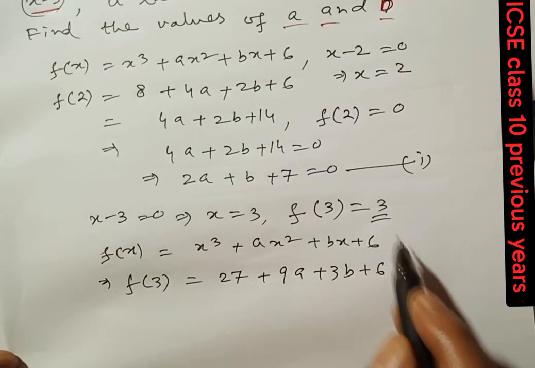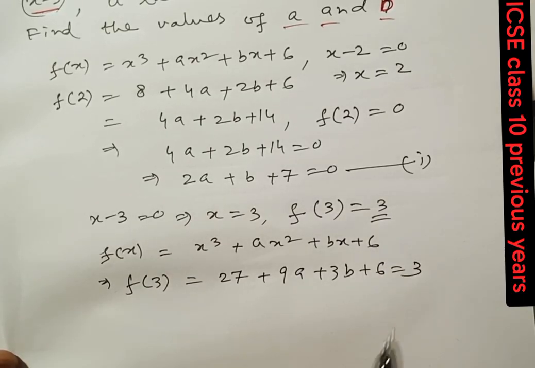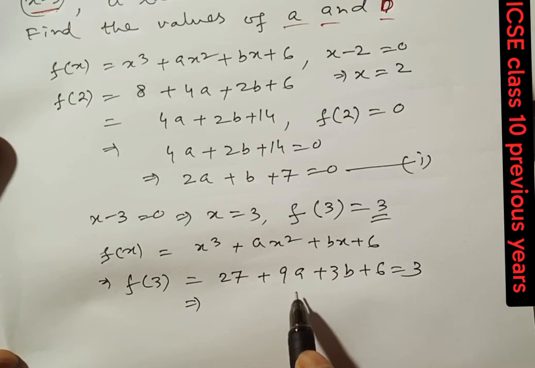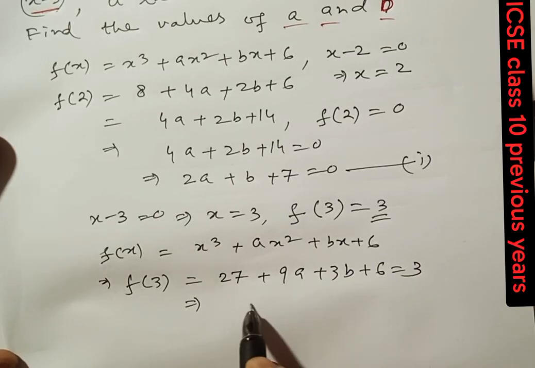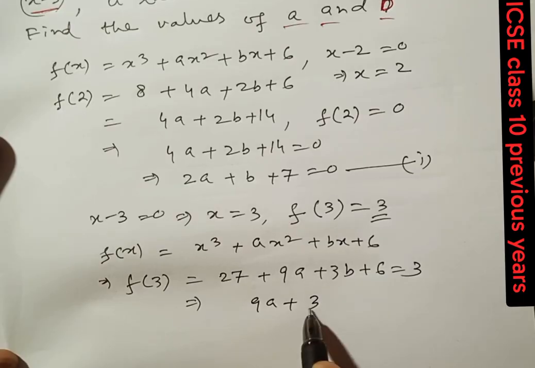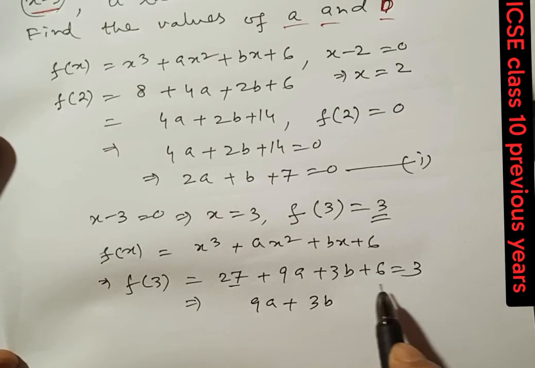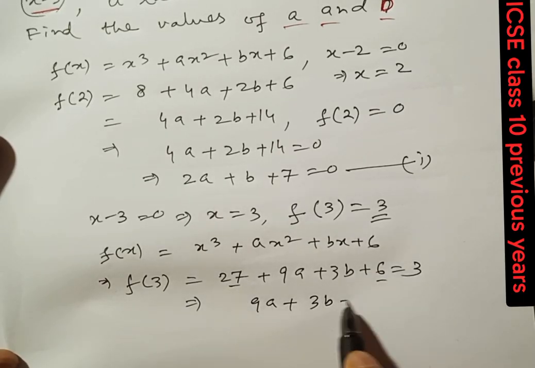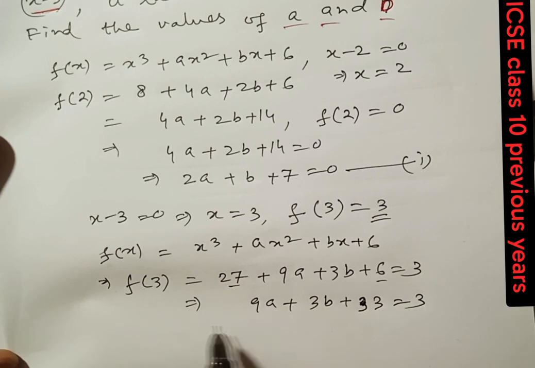Now the remainder is 3, so this is equal to 3. 9a plus 3b plus 27 plus 6, 33, equal to 3.